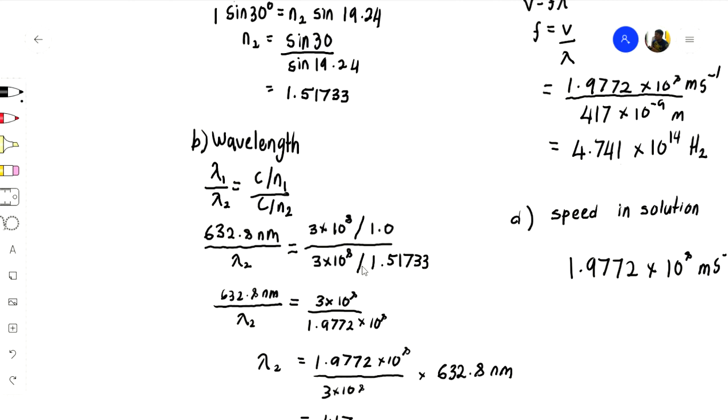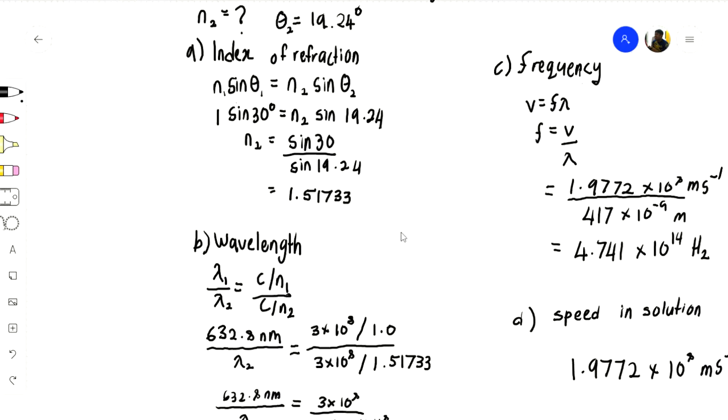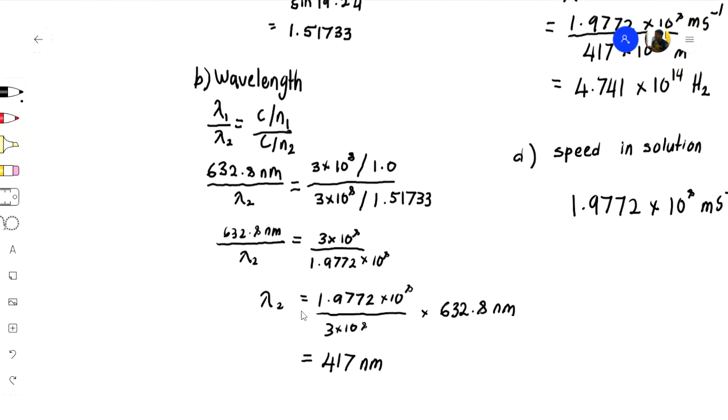So how I get this is from here, because we already have been asked to find the index of refraction in the corn syrup. Then you just divide both of these, and you will get 1.9772 times 10 to the power of 8.